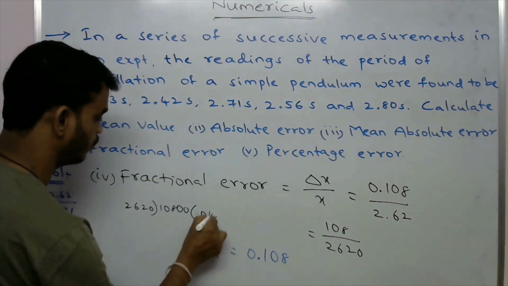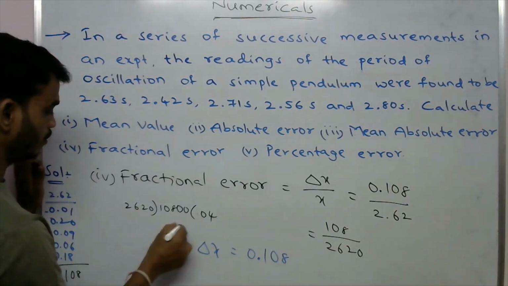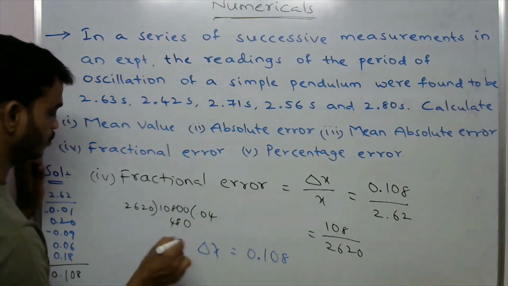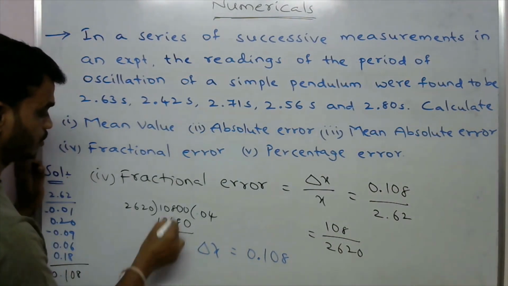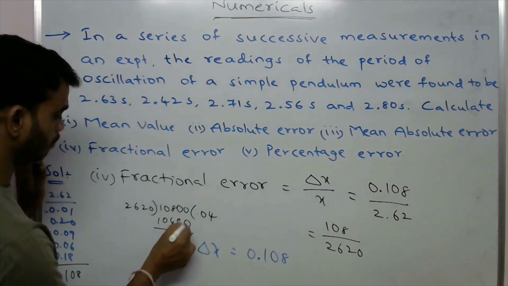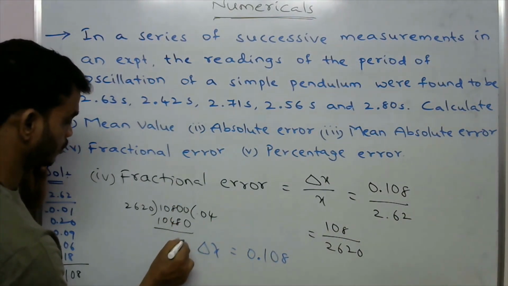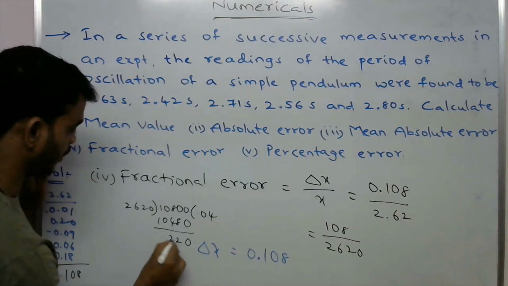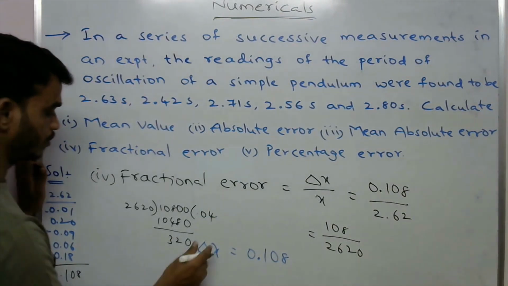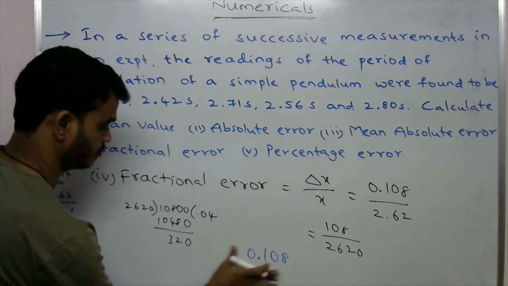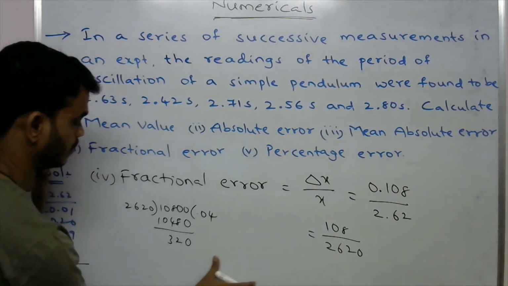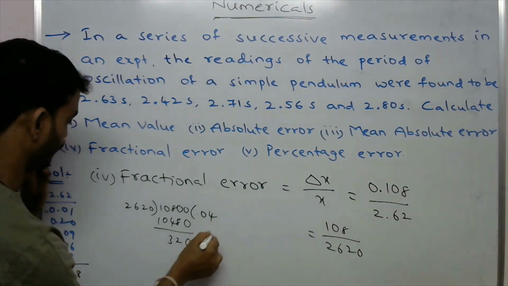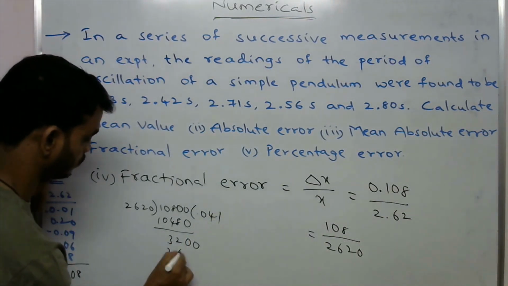2620.000, so 4, 40, 4 to 8, 4 6 to 24, 4 to the 8 10, so that is 80, so 320.